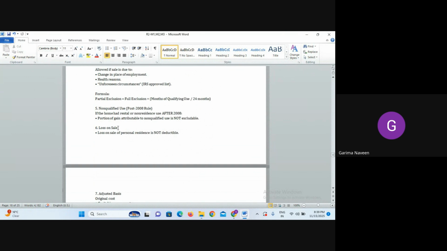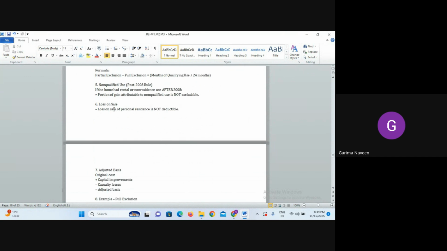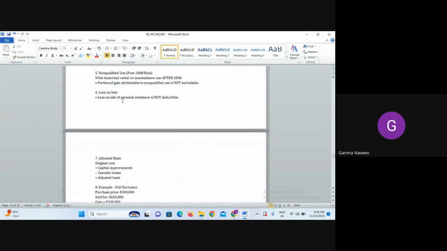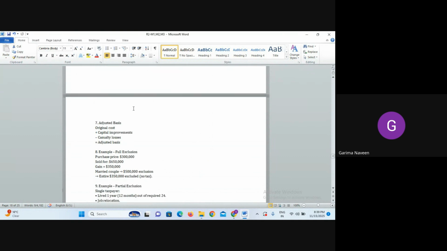But if after your residency you give the property for rent, then in that case this is not allowed. Losses on sale: as I told you, if you have personal property and you have some loss on the sale of this property, then these personal losses are not allowed.